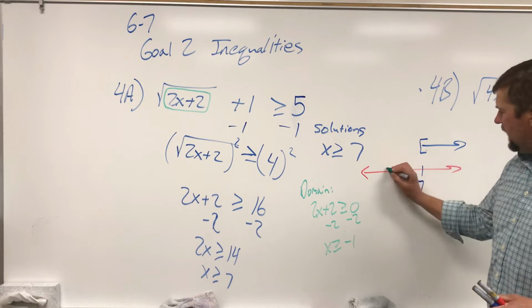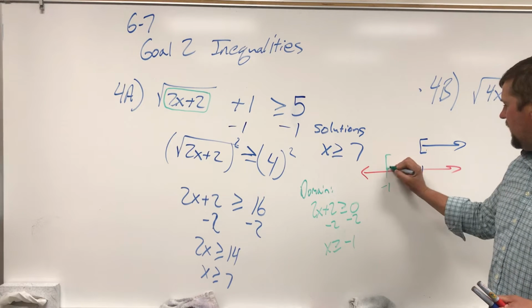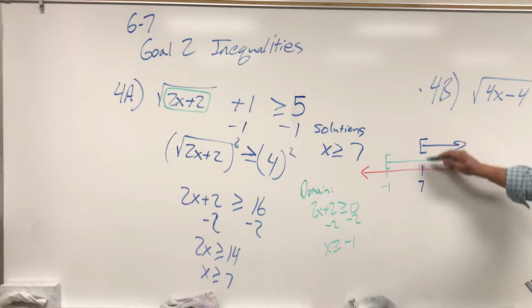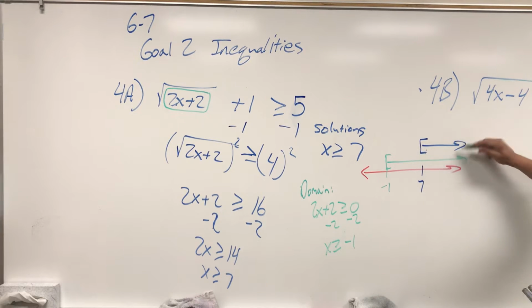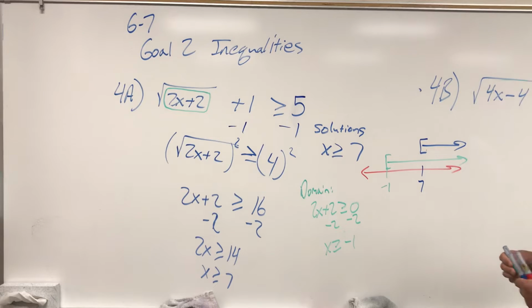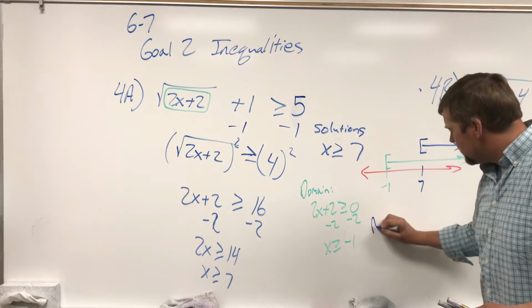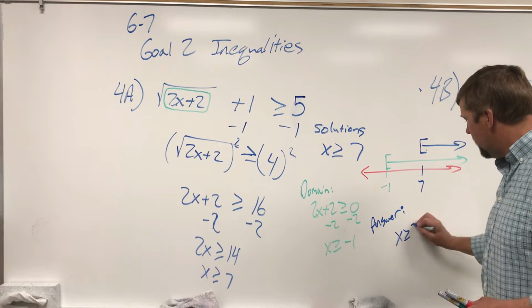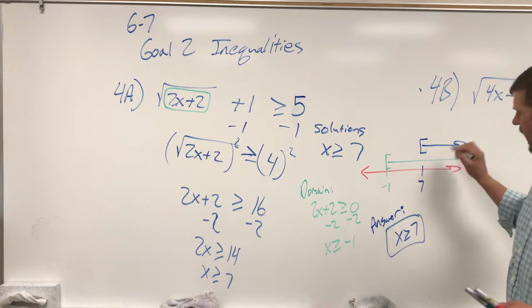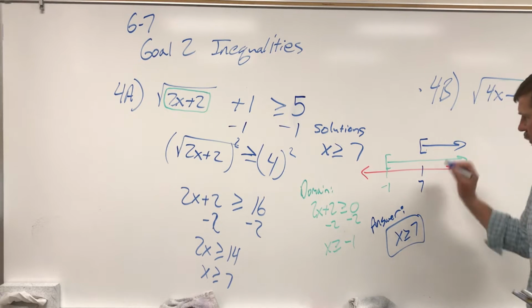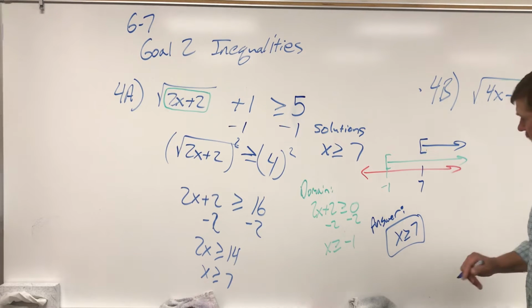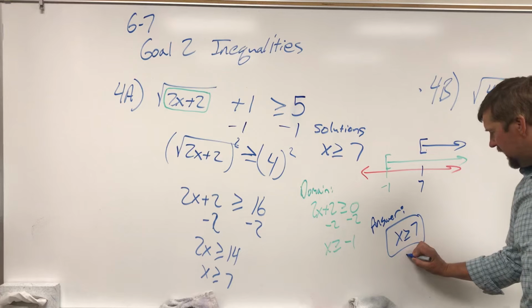According to our domain, x has to be greater than or equal to negative 1. And as you can see, all of the solutions are part of the domain. So our answer is x is greater than or equal to 7 because they are part of the domain. If they were not part of the domain, we'd have to take out any numbers that are not part of it. And I'll show you that on the next one.